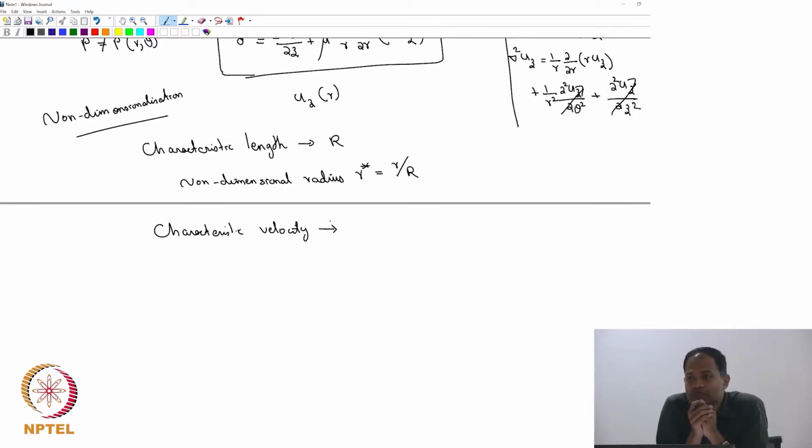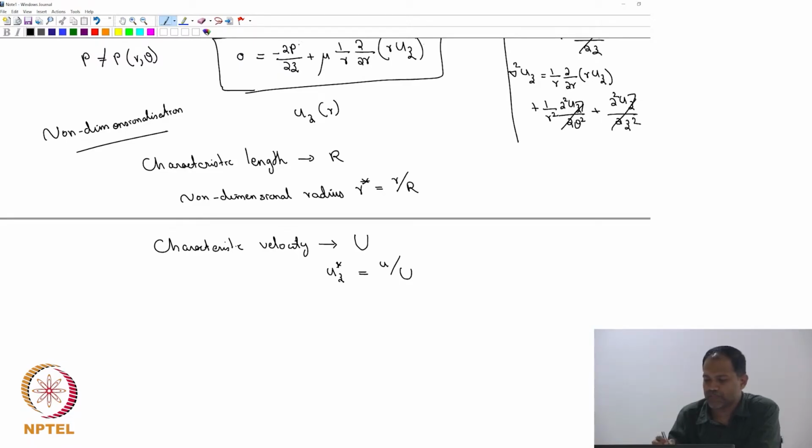Maximum velocity is a possibility, but we do not know what it is at the moment. But let us just define a velocity, say capital U, to be the maximum velocity. Where does the maximum velocity appear? At the center. So, we will use U, which we do not know, but let us just take it. Therefore, I can define my uz star, the non-dimensional velocity, as uz divided by capital U. Now, can you substitute this into your differential equation?